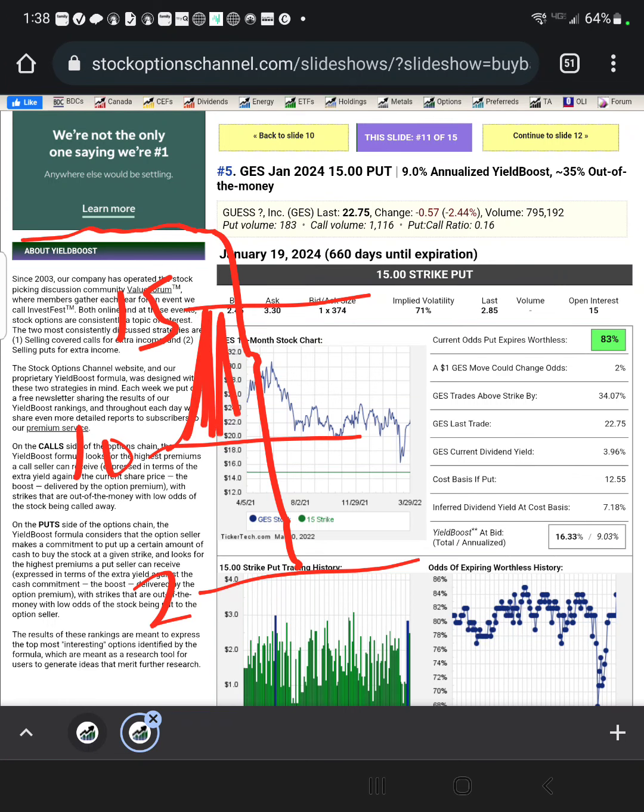So that's going to be your loss if it goes south. If it goes north, the only thing you're going to lose is the money you paid for the protection side of the put. So hopefully that helps with understanding of a put a little bit better, and then also a resource available.